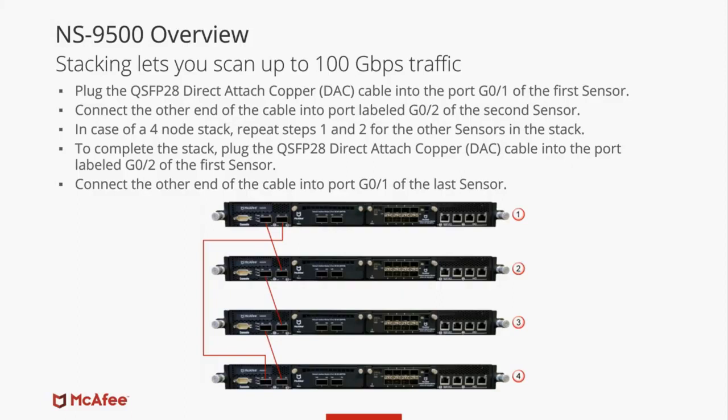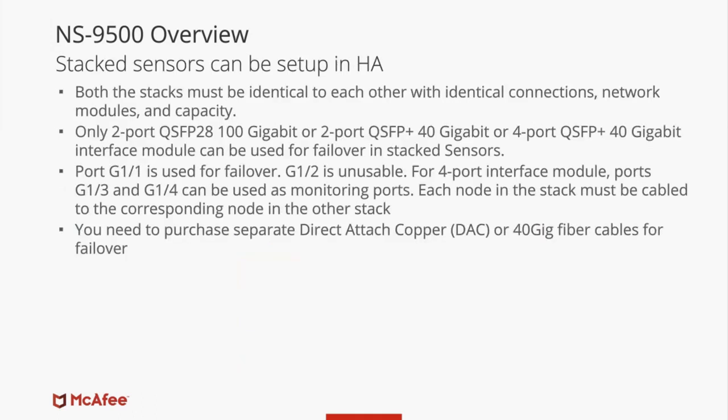It is possible to set up stacked sensors in an HA configuration. If you do this, both stacks have to be identical to each other, with the same exact modules installed in the same locations in each sensor within the stack. If you are setting this up, the G1 module slot is consumed by the failover, and G12 is unusable. If G13 and G14 are available because it's a 4-port module, those can be used.